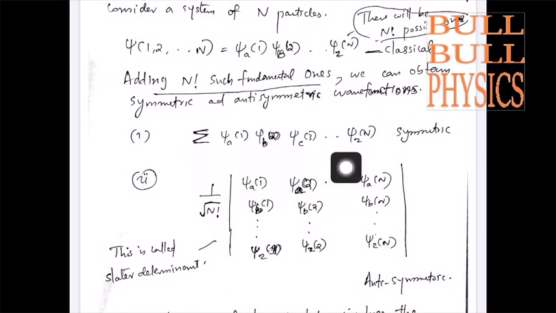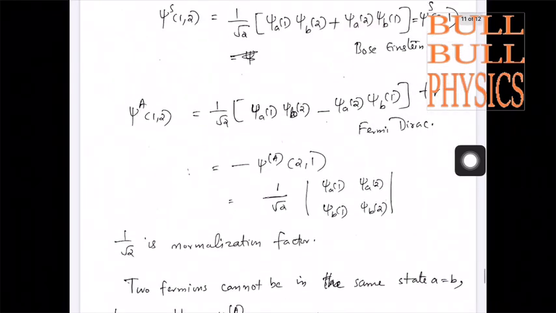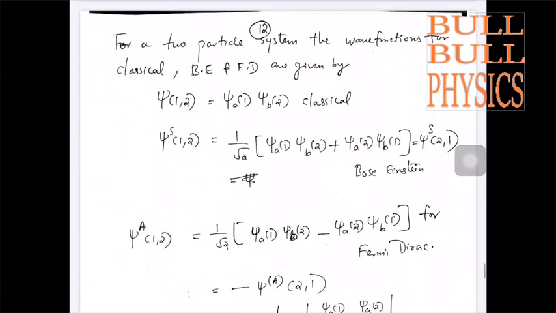How do we get the symmetric wave function? By summing all those fundamental wave functions. See the summation symbol here; we get the symmetric wave function, just by summing them, as we did here where we summed the two possible wave functions.